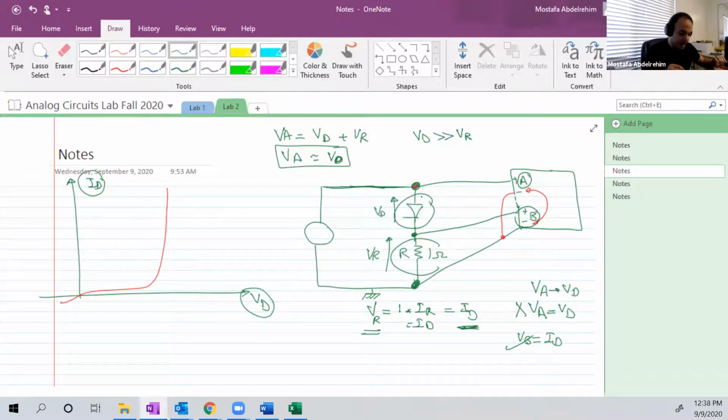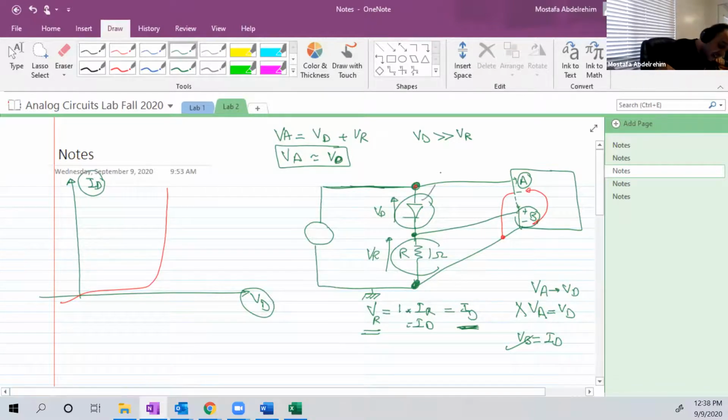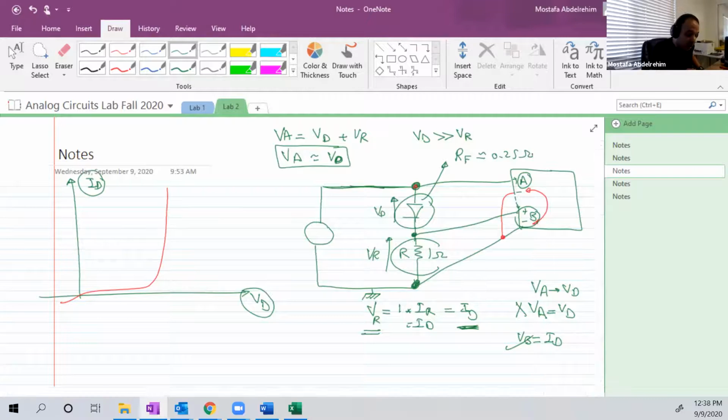And how do we do that? We already have some idea from our first and second experiment that the resistance of the diode, which we call its forward resistance, is approximately 0.2 ohms, 0.25 ohms, right? Now, if we keep R equal to 1 ohm, it's 4 times larger than the resistance of the diode.